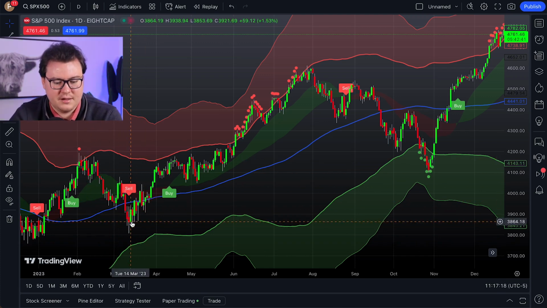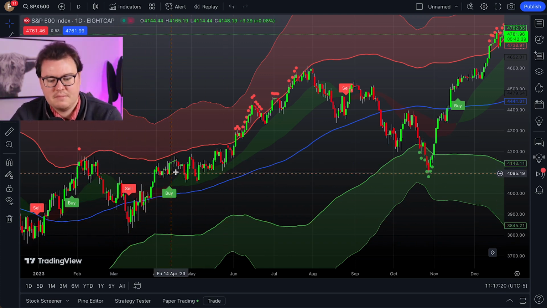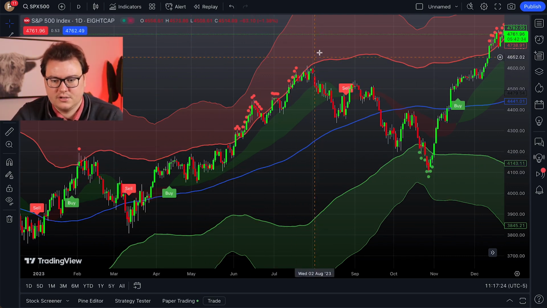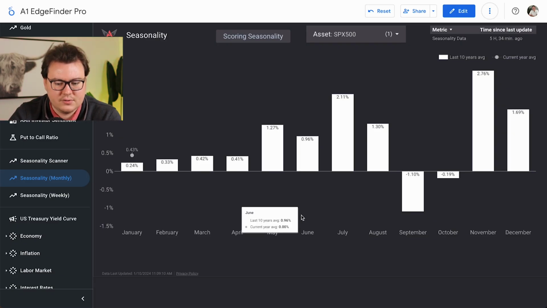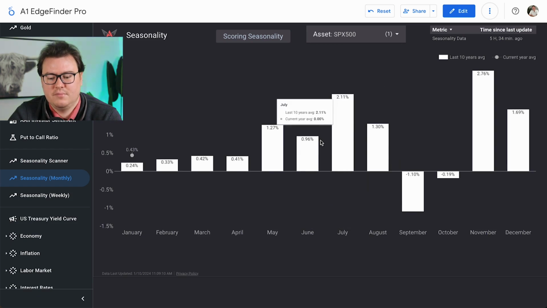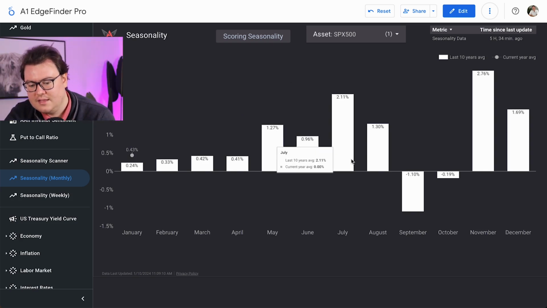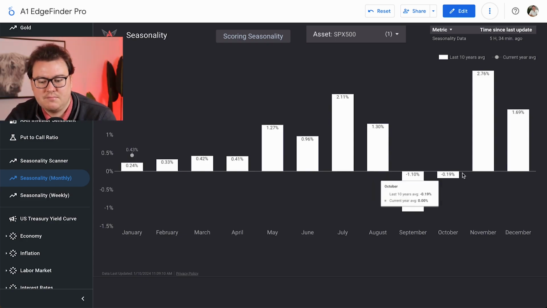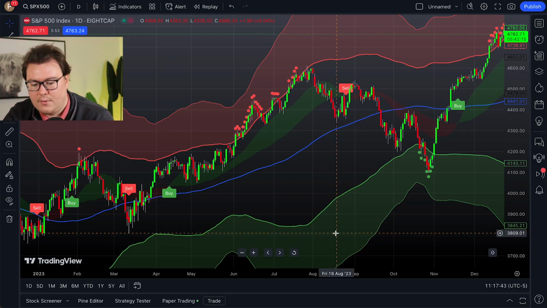February wasn't a great month, but March, April, May, kind of stagnant, and then we see this big spike here in June and July. And what do I see here? July is one of our biggest movers of the month. July, historically speaking, it goes up 2.11%. And then in August, still up, but down a little bit. And then again, September and October historically are our bad months.